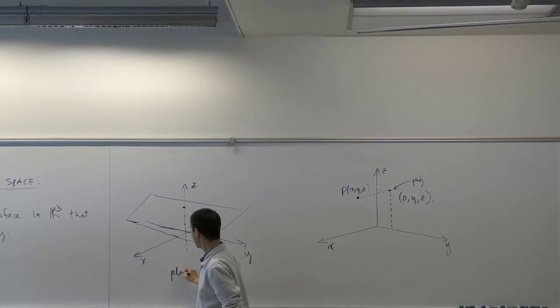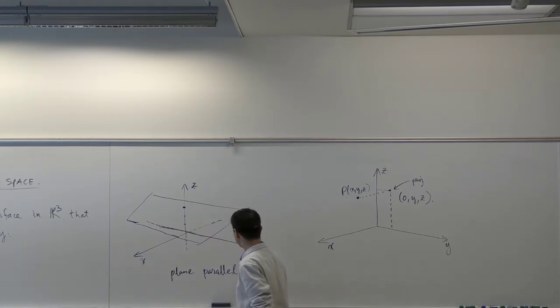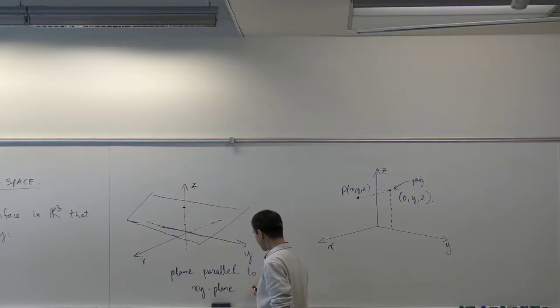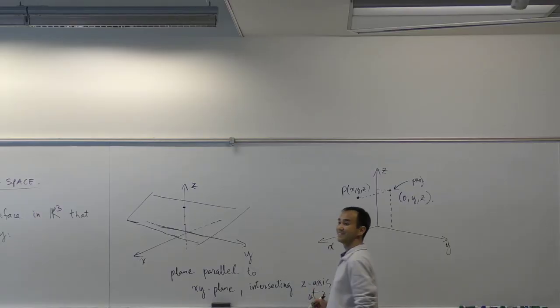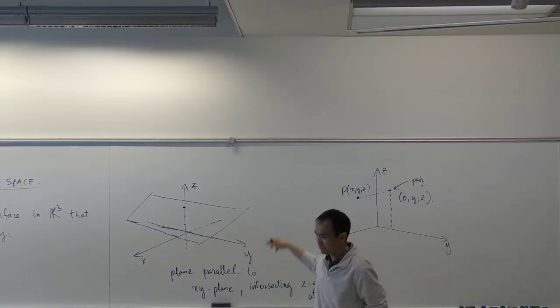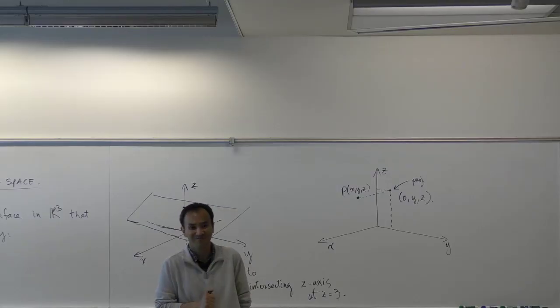So it's a plane parallel to the x, y plane, intersecting the z-axis at z equals 3. That's it. And of course, please don't misjudge my drawing.